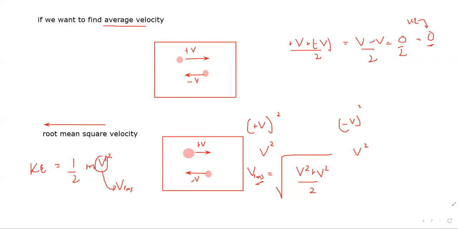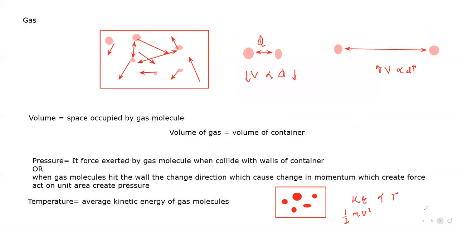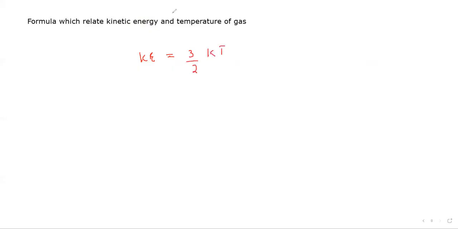The formula which relates the kinetic energy and the temperature of the gas says that the kinetic energy of the gas is equal to 3 by 2 kT.